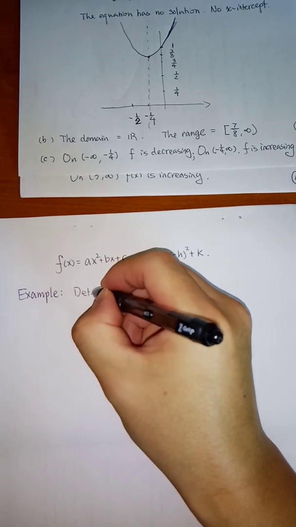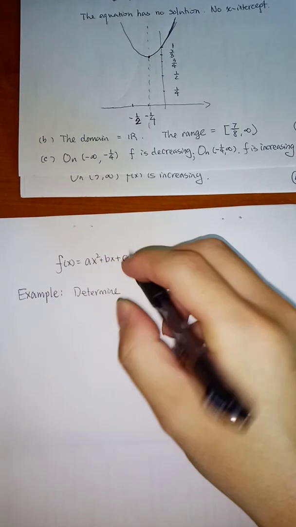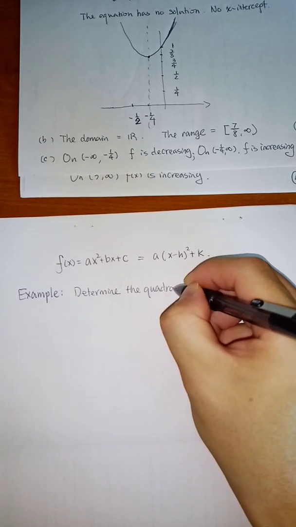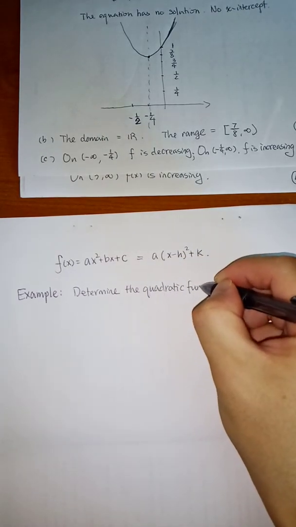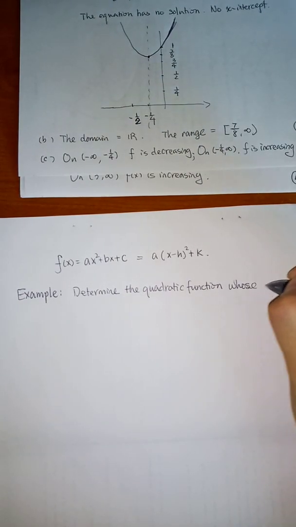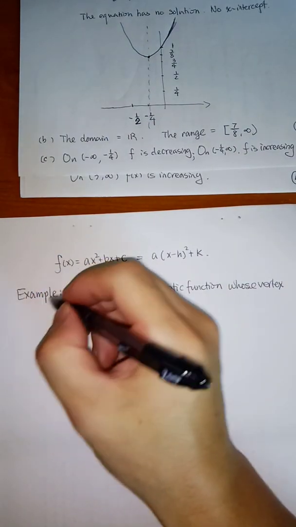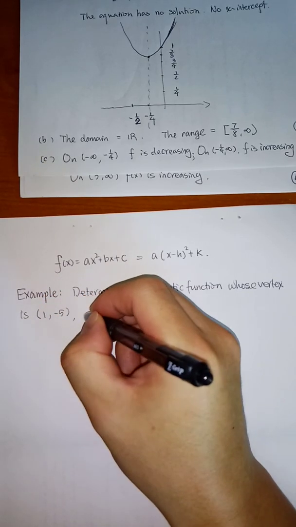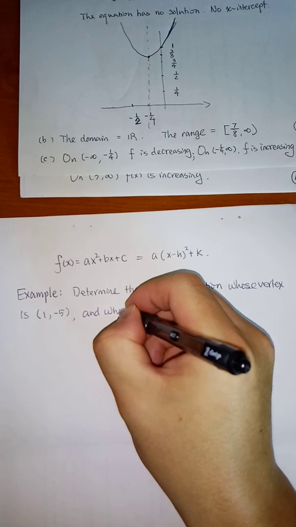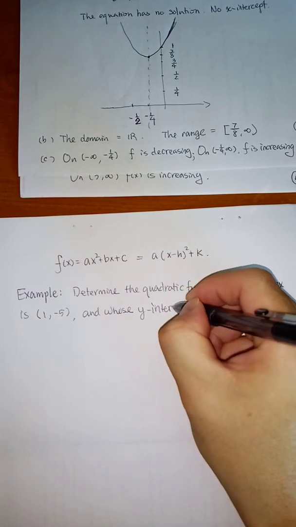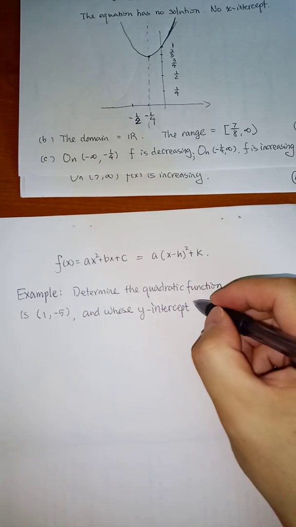Determine the quadratic function whose vertex is (1, -5), and whose y-intercept is -3.